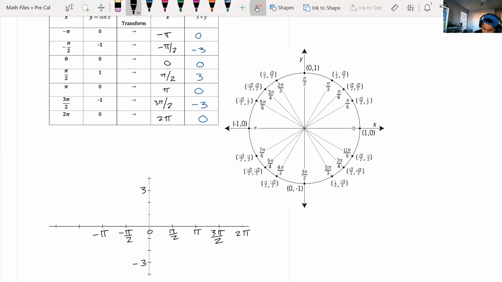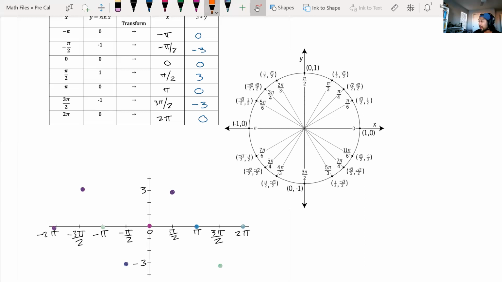Okay. And of course, I could finish the rest of these values off because that'd be -2 pi and -3 pi over 2. Okay. So at -pi, we're at 0. At -pi over 2, we're at -3, 0, 3, 0, -3, and 0, which means since it's odd, you'd figure that at -3 pi over 2, we'd be at 3 and then 0.